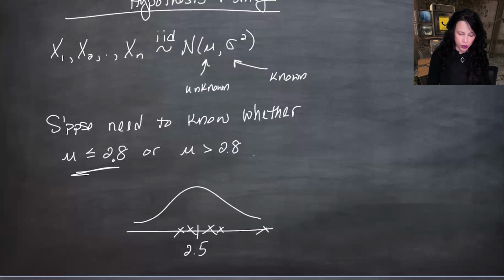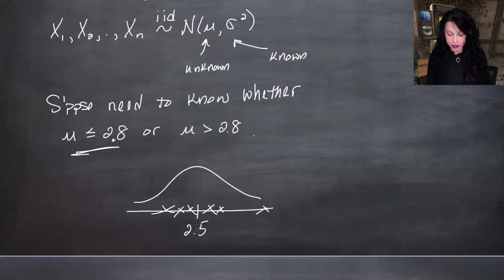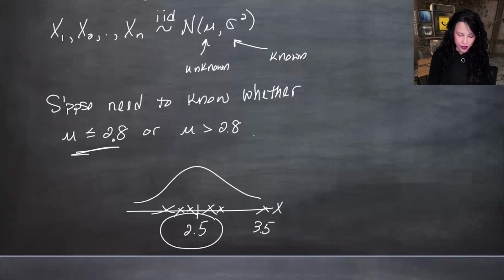It's mostly towards the center. But I don't have a sense of scale on here, you could easily get like 3.5, even though the mean is truly less than 2.8. So if you just estimate x bar, you would also have to look at the variance and try to make a decision. And hypothesis testing formalizes that decision for us.